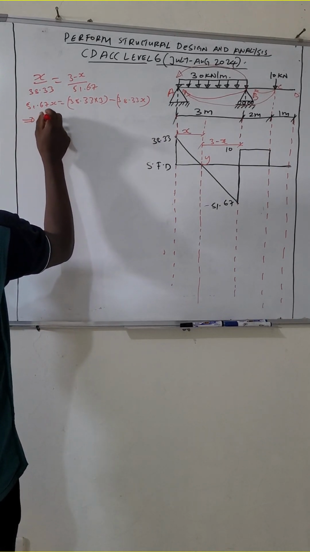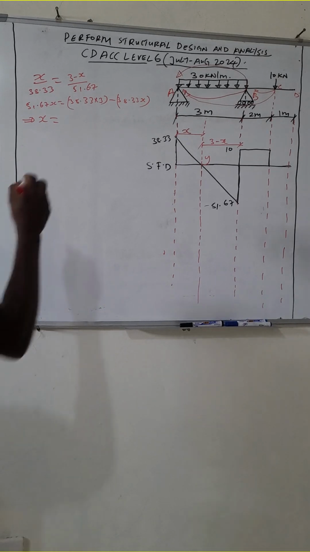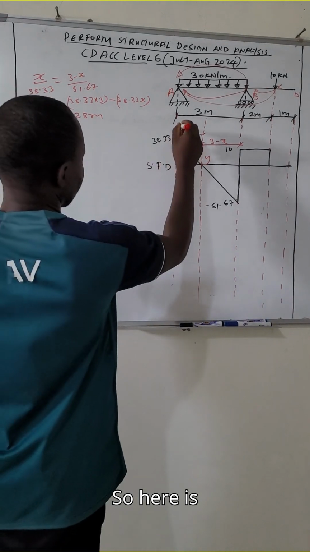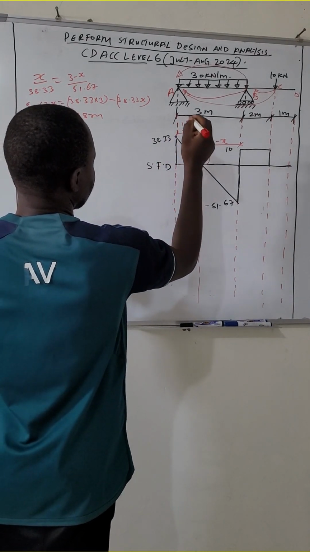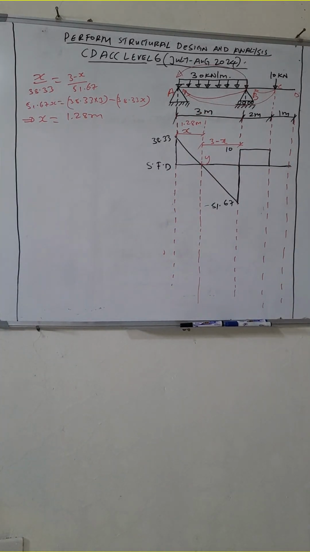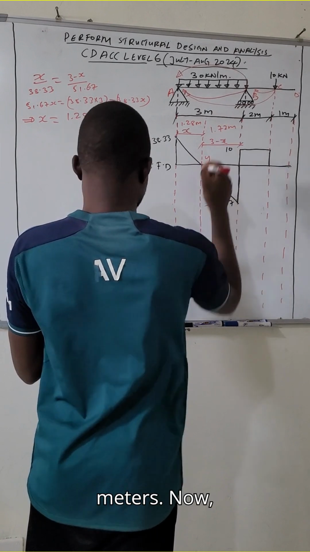Which implies X equals 1.28 meters. So here is 1.28 meters, and then you take 3 minus 1.28 meters, and you will get 1.72 meters. So here we have 1.72 meters.